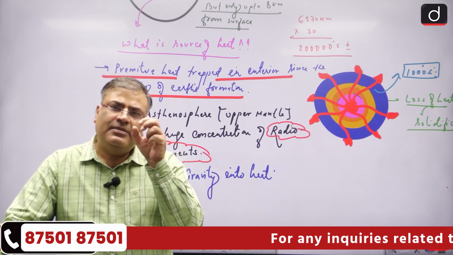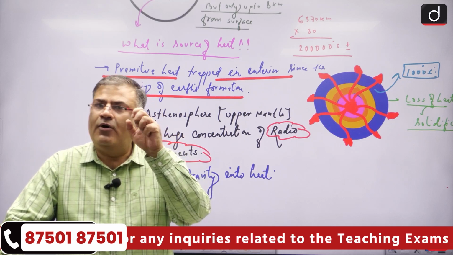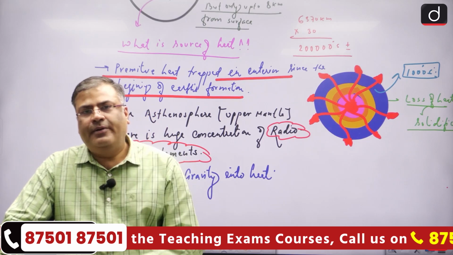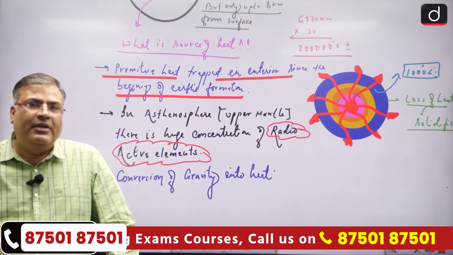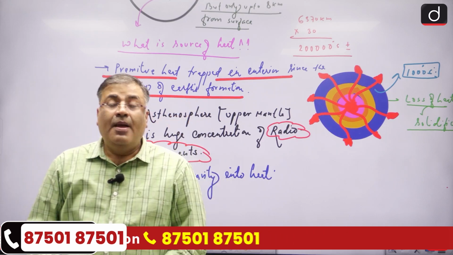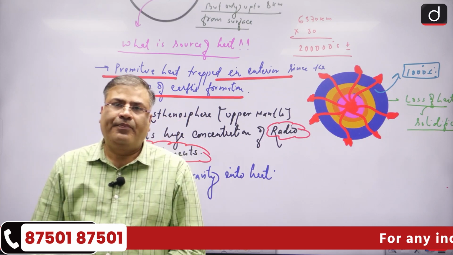Initially, when the materials which were combining together to form the Earth were relatively less in quantity, the size of the Earth was not as big as it is today. Mass of the Earth was not as big as it is today.